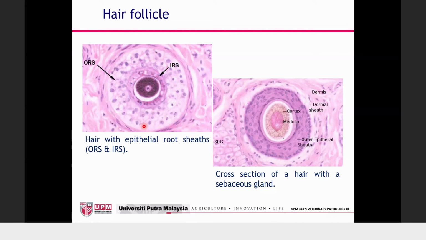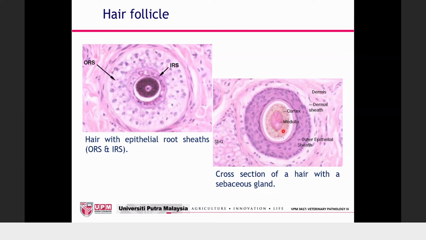Sometimes it is very dark in color. For example, in this image, you will see the internal root sheath and the outer root sheath and the hair in the middle there. This one is a bit darker, and this one is a lighter color.